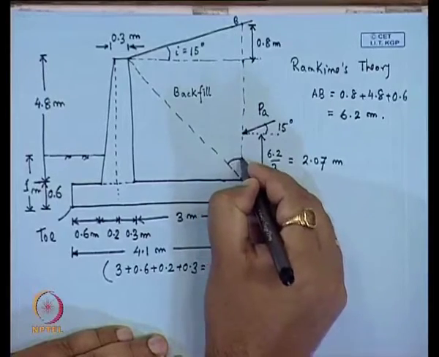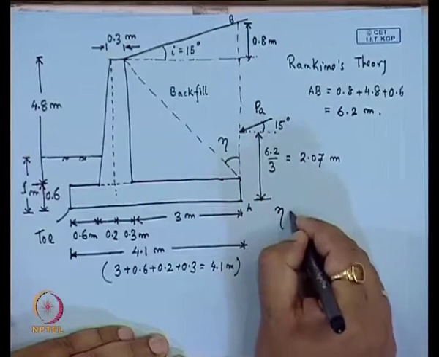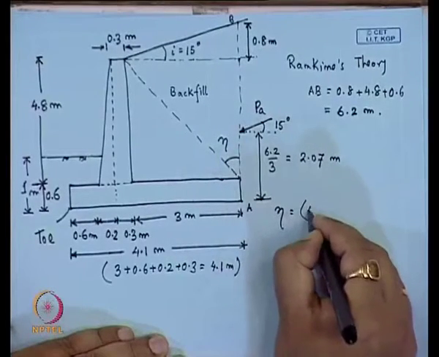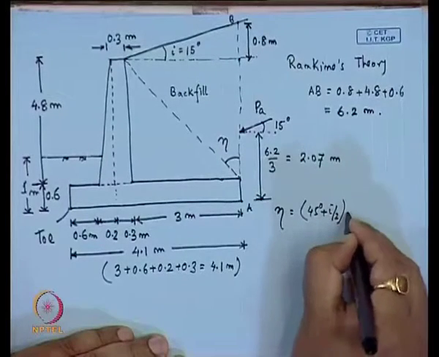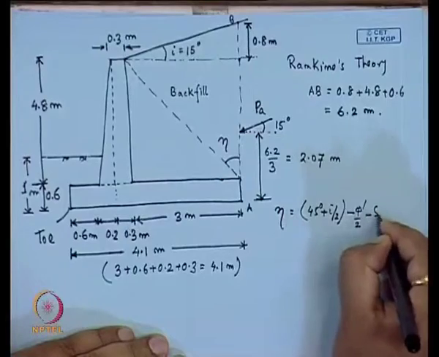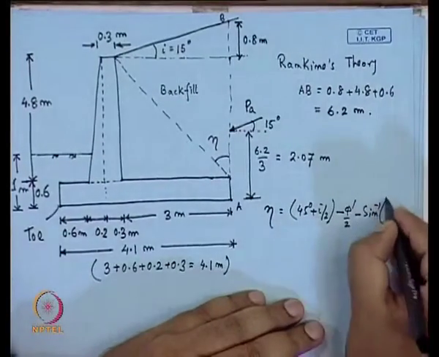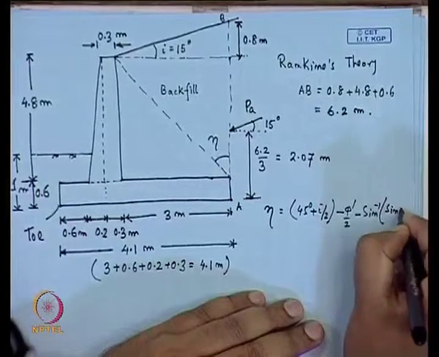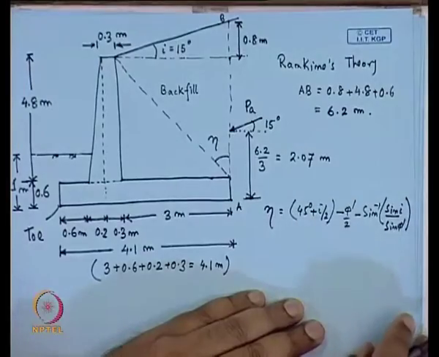So, this angle we can determine from the expression 45 degree plus i by 2 minus phi dash by 2 minus sin inverse of sin i divided by sin phi dash.